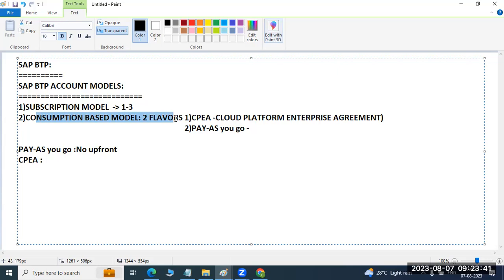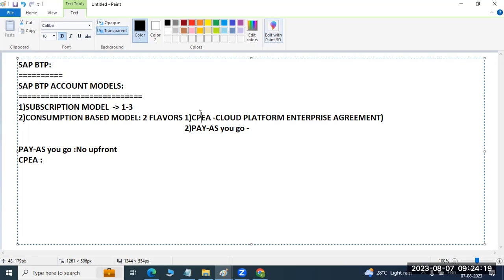In this Discovery Center, you can calculate how much you have to pay per month and per year. And anytime, if you have taken the pay as you go model and want to go for the CPEA, you can switch immediately. It's not that you took pay as you go initially and then cannot go for the CPEA. You can switch between the two commercial models.